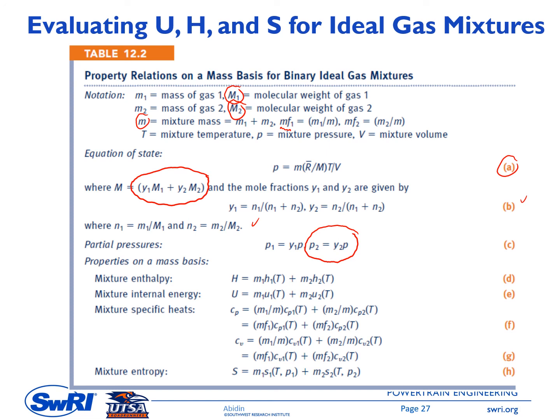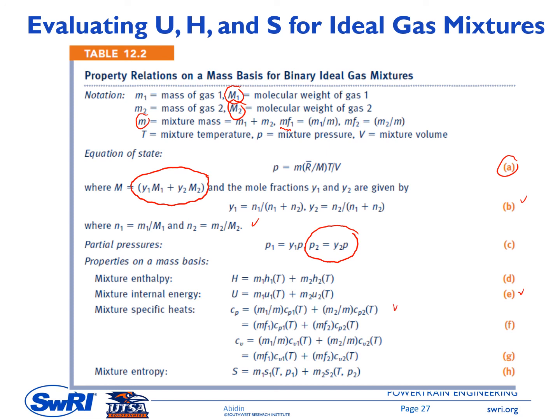And then for the properties on a mass basis, we have equation D here. This is for the mixture enthalpy. So capital H equals m1 times h1 plus m2 times h2. And the enthalpy here is only a function of temperature. Okay. And then the second one here, equation E, is for the internal energy. So U equals m1 times u1 plus m2 times u2. And this is also a function of temperature only. And then we have Cp here.